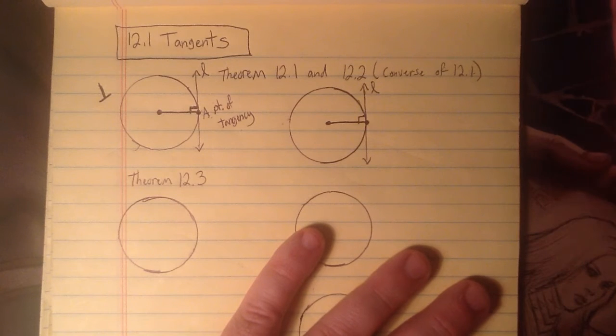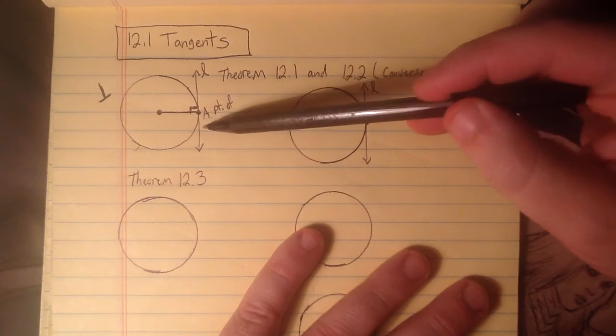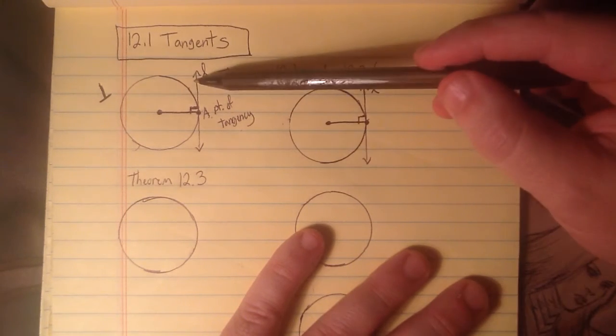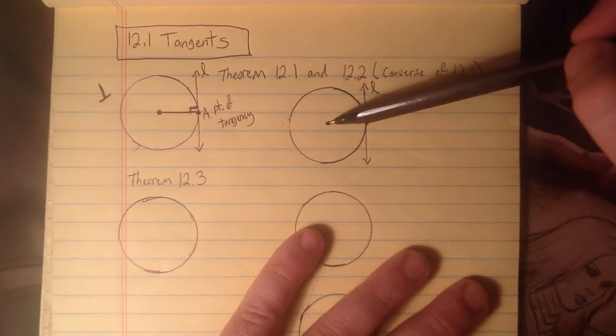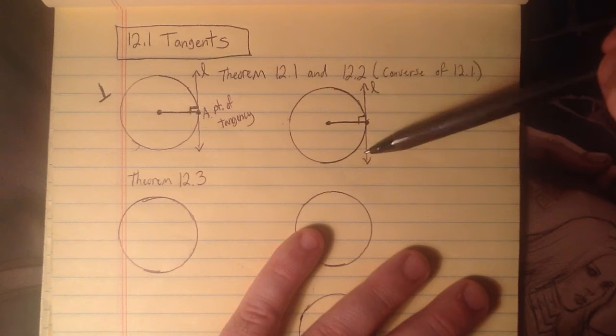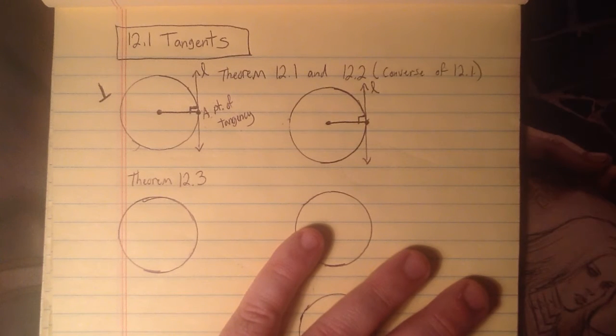It's just saying everything backwards. It's really, really easy. Okay? So, if you understand this one, you know this one. It's just saying it backwards. This says, if it's a tangent, then it's perpendicular with the radius. This one's saying that if a radius is perpendicular to a line at the point of tangency, then it must be a tangent. So there it is.